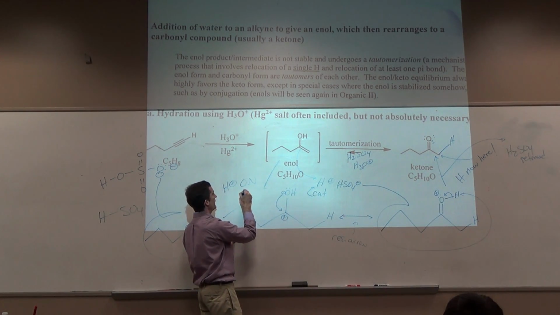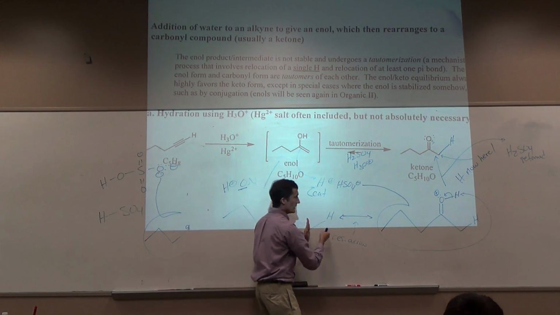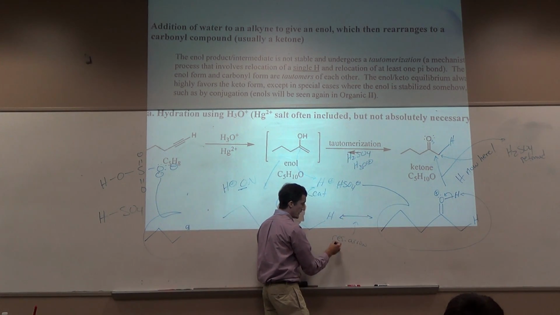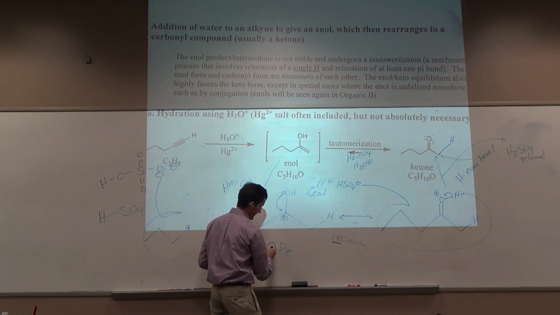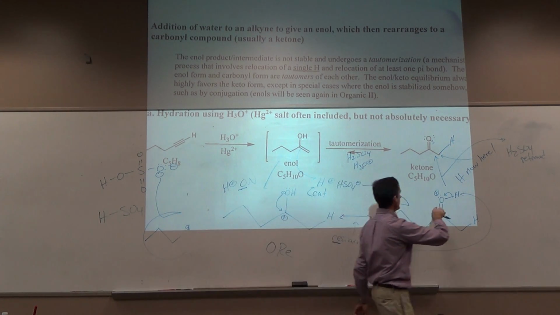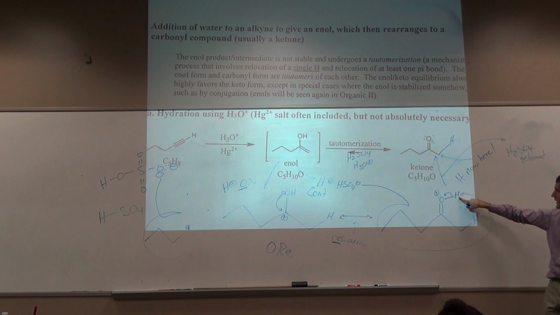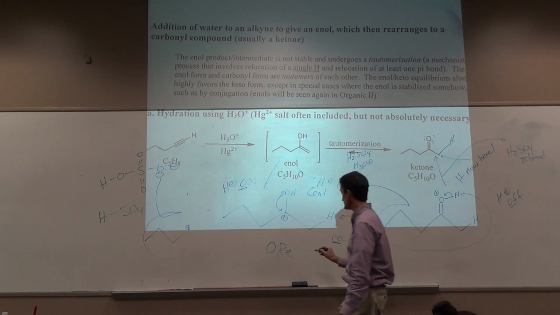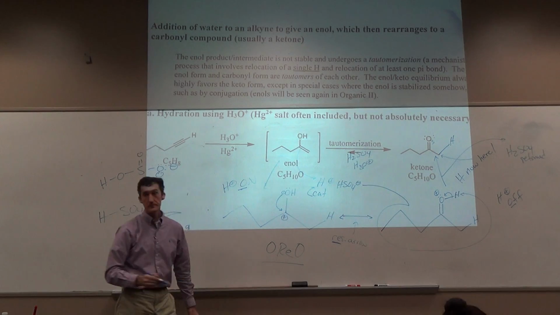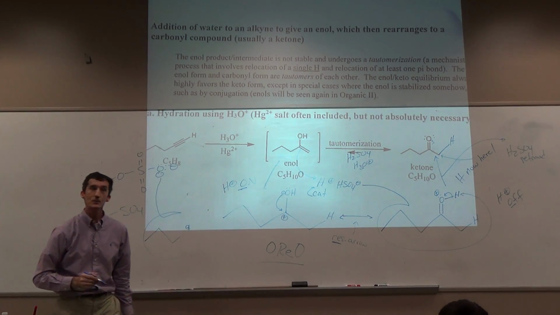H plus on, that's your O. Then what did we show on the board? Resonance, that's your Re. What did we do over here? We took it off. H plus off. There's your other O. Oreo. Okay, that's how you remember tautomerization mechanism.